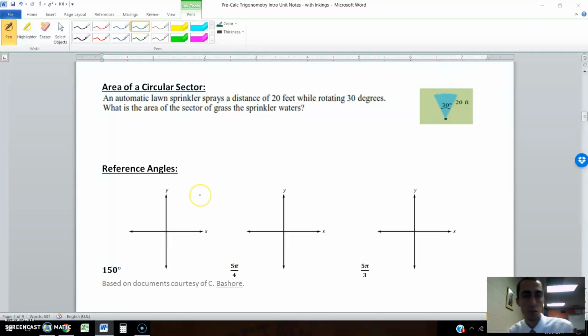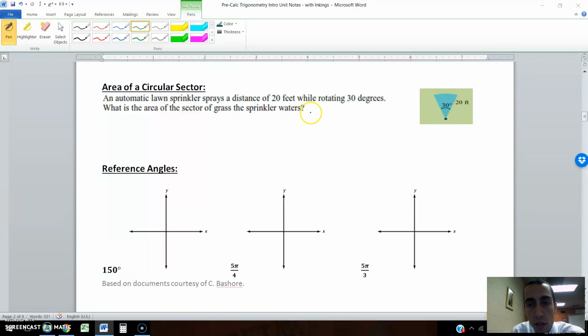Next, circular sector. For problems like this, we have an angle and we've got a distance, a radius. Essentially, we've got a lawn sprinkler that sprinkles a distance of 20 feet and it swoops out a 30-degree path. And we have to know the area of the sector of grass that the sprinkler waters.